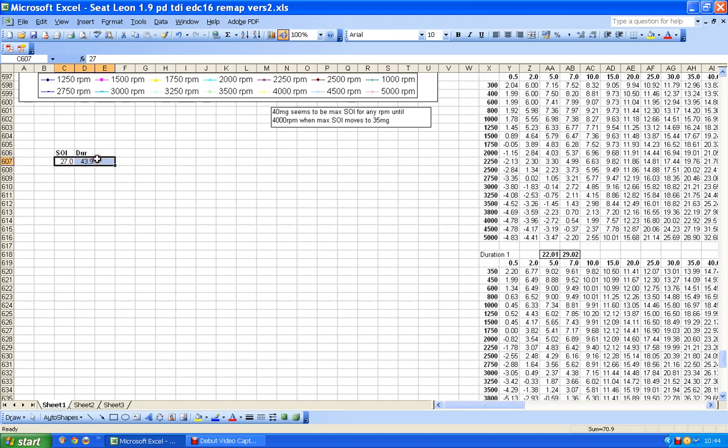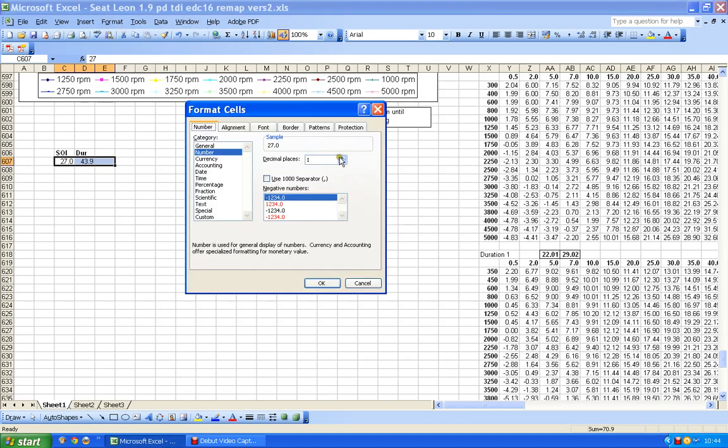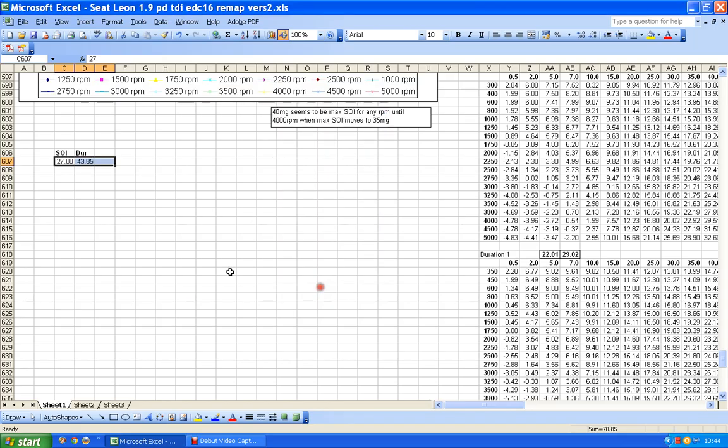Sorry, I was a bit stupid there, wasn't I? Number, 2 decimal points. So okay, we've got a start of injection of 27 degrees and a duration of 43.8 degrees.